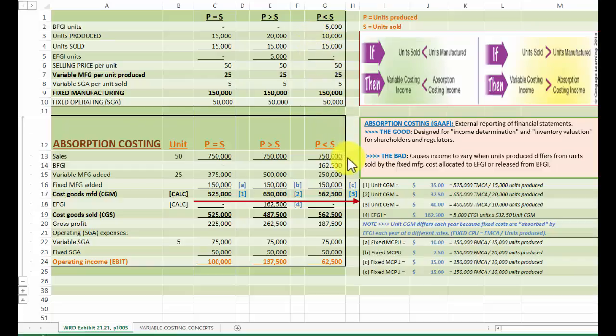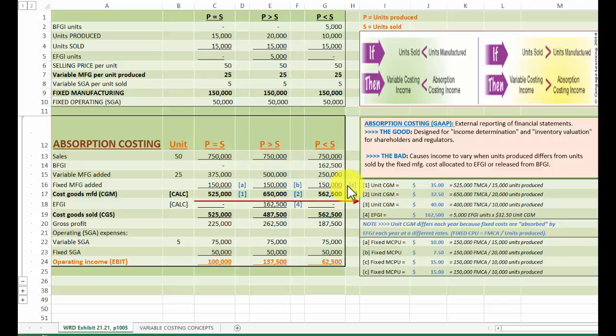Sales of 15,000 units at $50 would be $750,000. We would have beginning finished goods inventory of $162,500. The company would add 10,000 units produced times $25 manufacturing cost per unit for variable costs, $250,000.